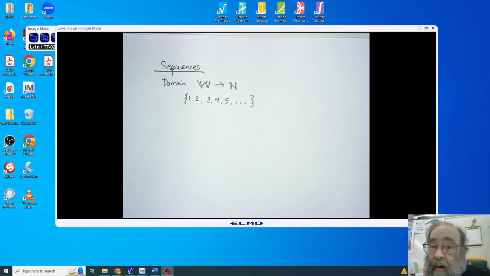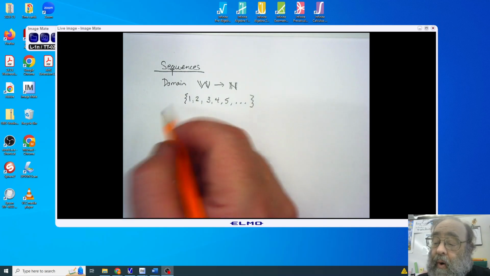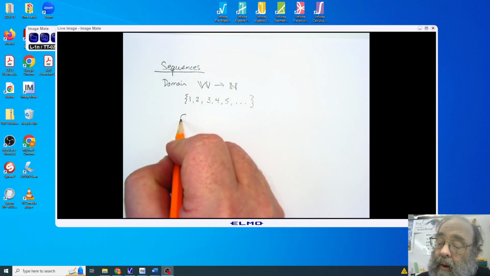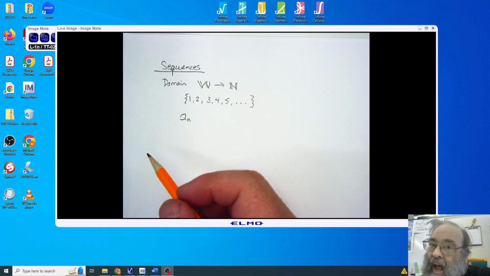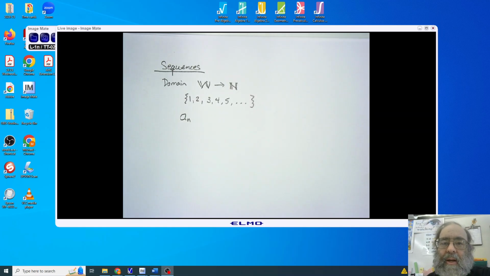And that's very different because the functions we were using took all values. That's not the case anymore. And we're going to see that we have a rule called a sub n. The reason we're using an a is because we don't want to have an x or a y. We now want to distinguish it from the functions that we've been working with that give us points.